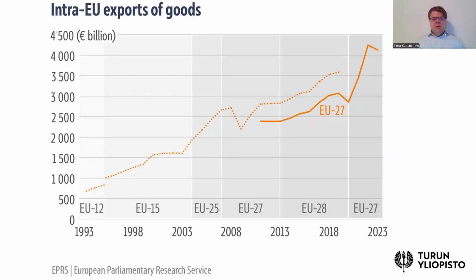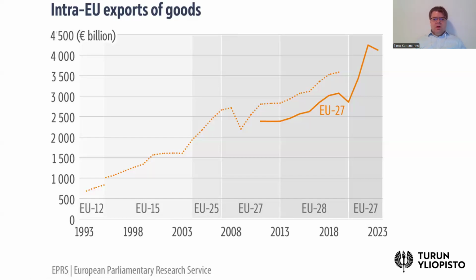Notice that, of course, more member states have been joining. This is why it starts in 1993 with EU 12, growing to EU 15, and then eventually enlarging to 25, 27, 28. The last change is Brexit, when Britain left the union, so the number of EU countries is back to 27.